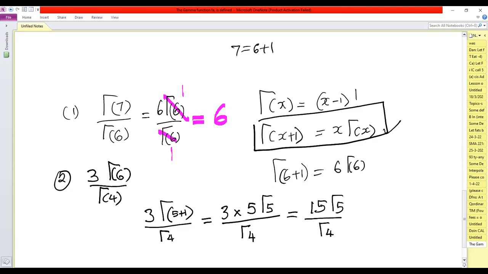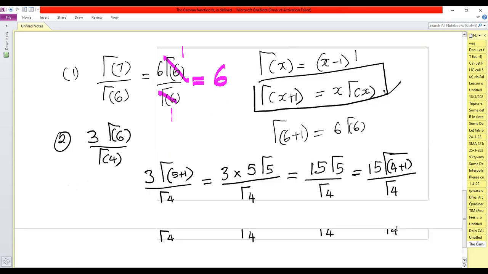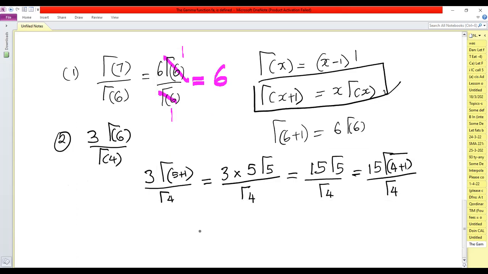Now, gamma of 5 can still be written as gamma of 4 plus 1, divided by gamma of 4. And using the same property, we'll have 15 times gamma of 4 plus 1, which is 4 gamma of 4, and then you divide by gamma of 4.